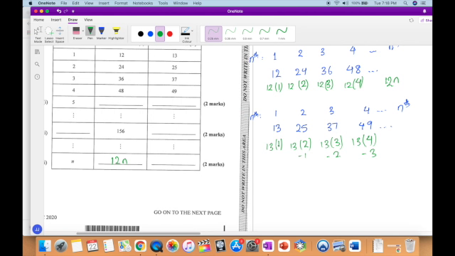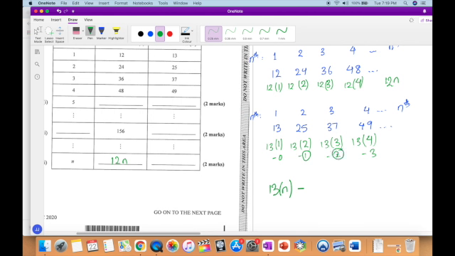what do I need to do to the n to get this? You can see this first one here is minus 0, right? So you can see a clear pattern going on here. That I have 13 being multiplied by n, and I'm going to minus. What am I going to minus? Well, you notice that the number that I'm minusing is always 1 less than n.